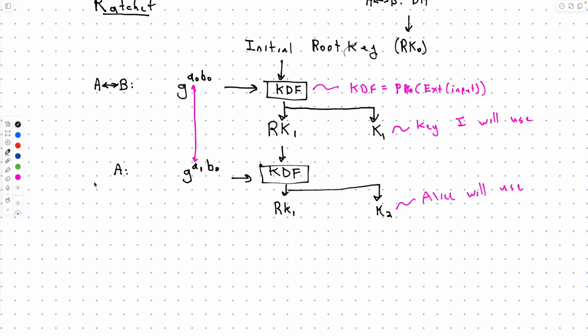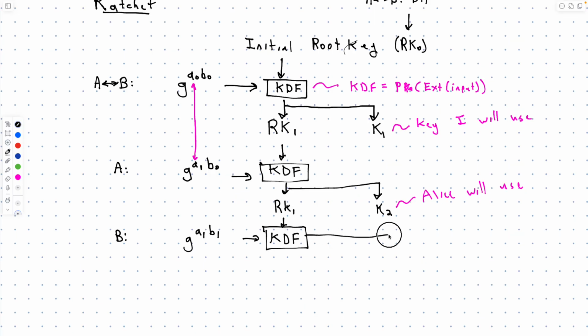Then on the next message, when Bob responds, Bob can include his new Diffie-Hellman. And so then we can update it like this. And this is the key, for example, that Bob will use.